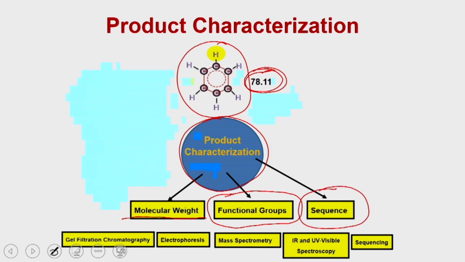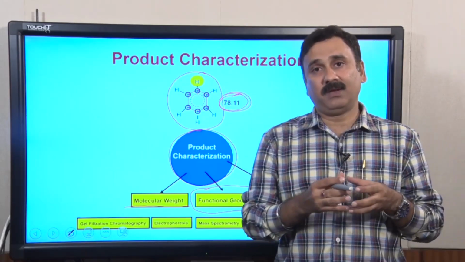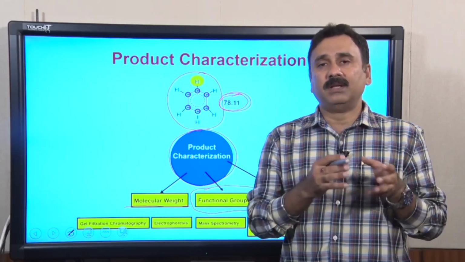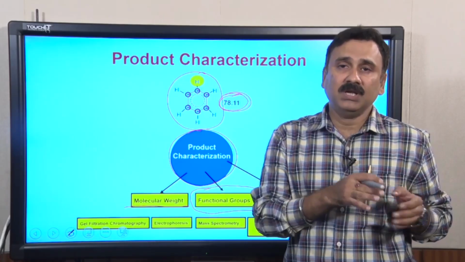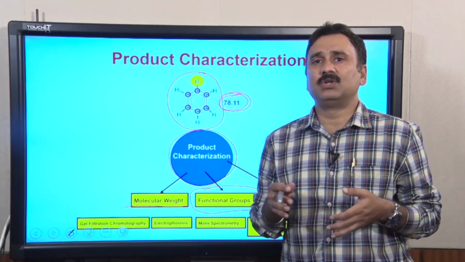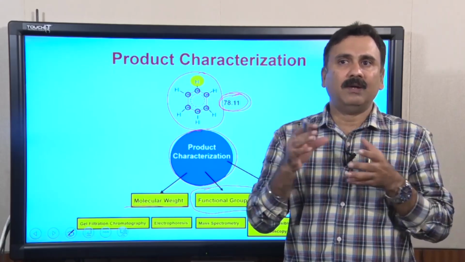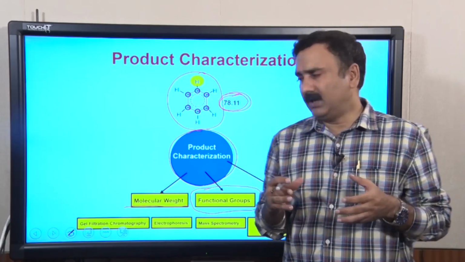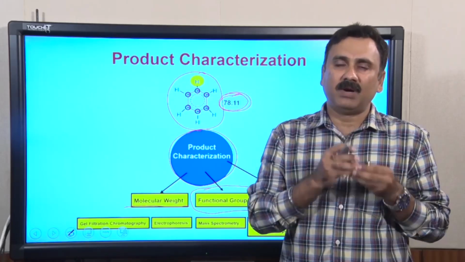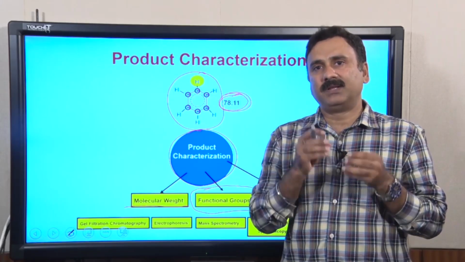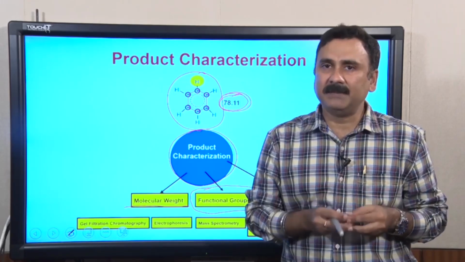If it is a polymeric product, then the sequencing will tell you how the monomeric subunits are arranged. This is more relevant in the case of polymeric substances such as DNA or protein, but for small molecules, mostly people use the molecular weight as well as the presence of functional groups to characterize them.